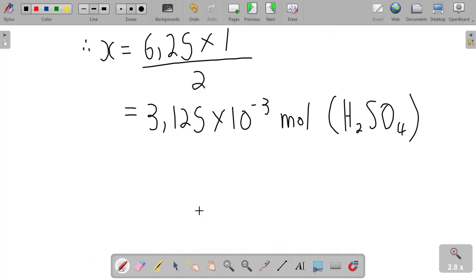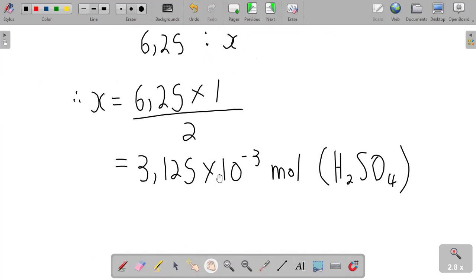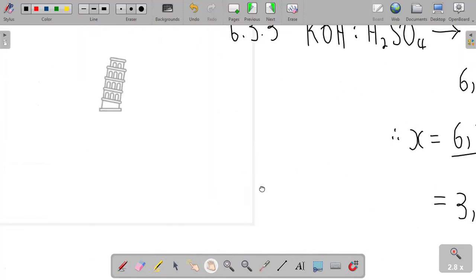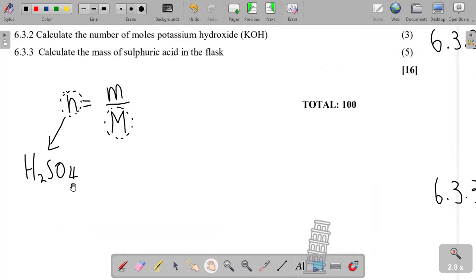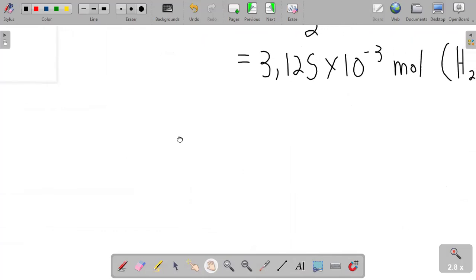Okay, now this is the moles, because it came from here, isn't it? Remember that 6.25 had this, isn't it? So we have to bring it back here. Okay, it wasn't just 6.25. So now that we have the number of moles, because that is what we were missing for sulfuric acid, then we can use the formula.